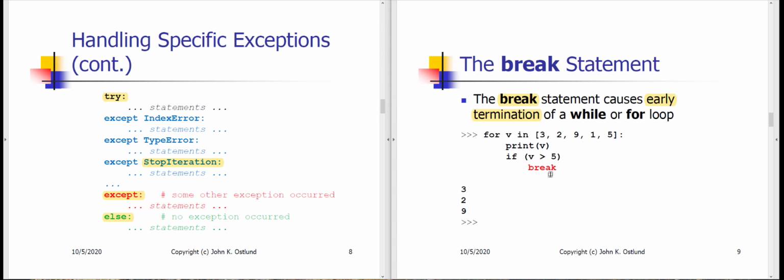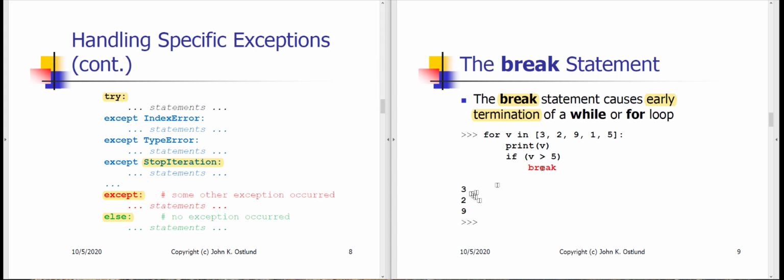Here I'm demonstrating that with a for loop, but I can also use break within a while loop as well. So I'm saying for v in this list of values, 3, 2, 9, 1, 5, print the current value of v. If the value of v is greater than 5, break, and that means that we will not continue on looping through the remaining items in the list if we encounter an item whose value is greater than 5.